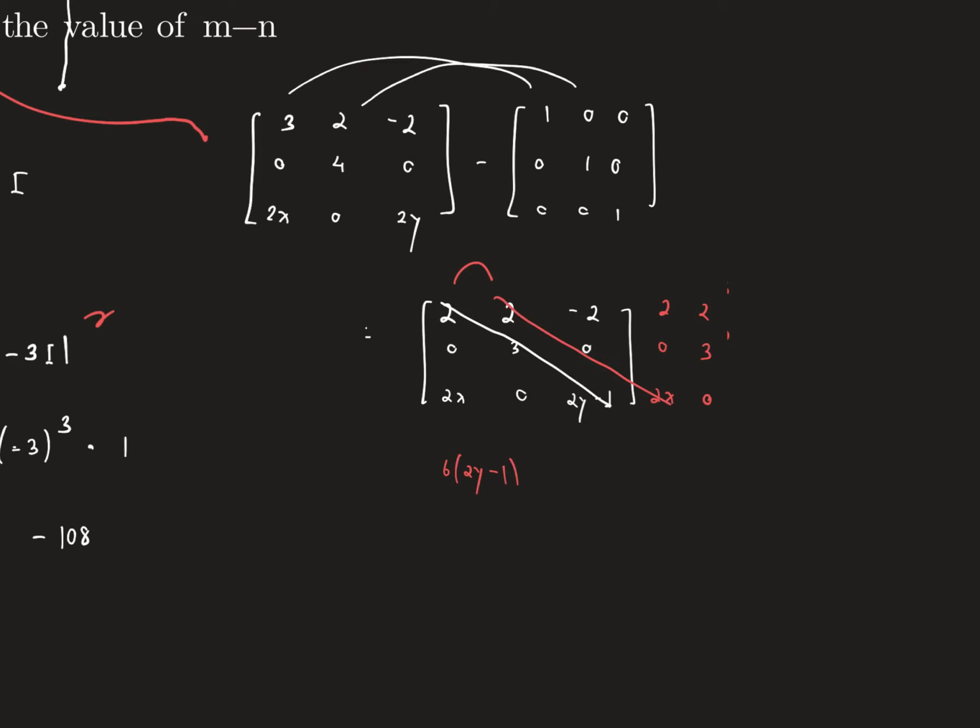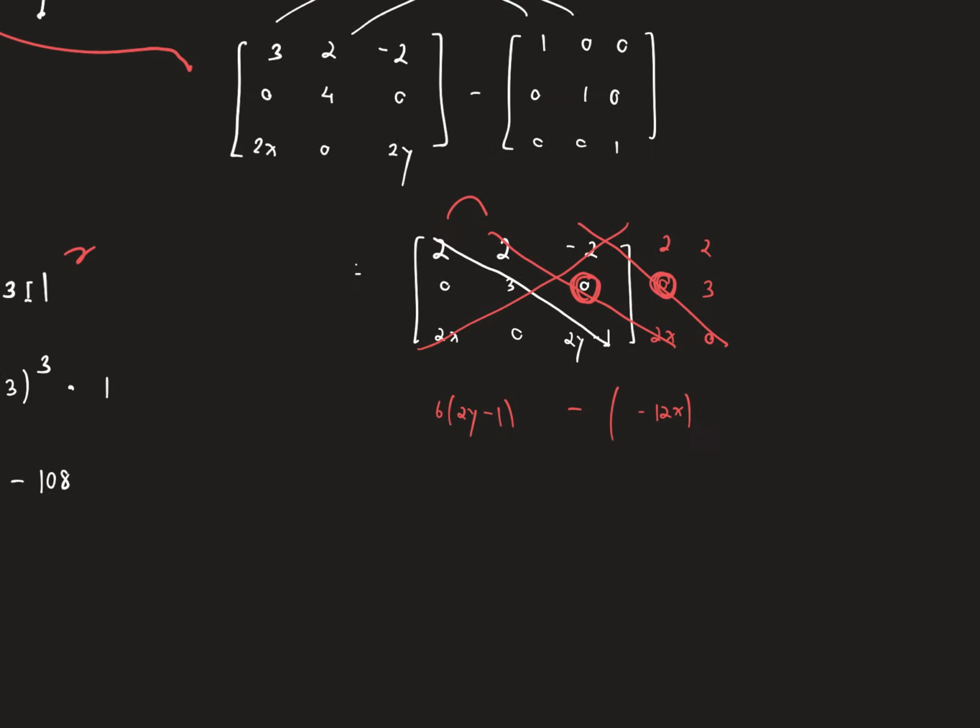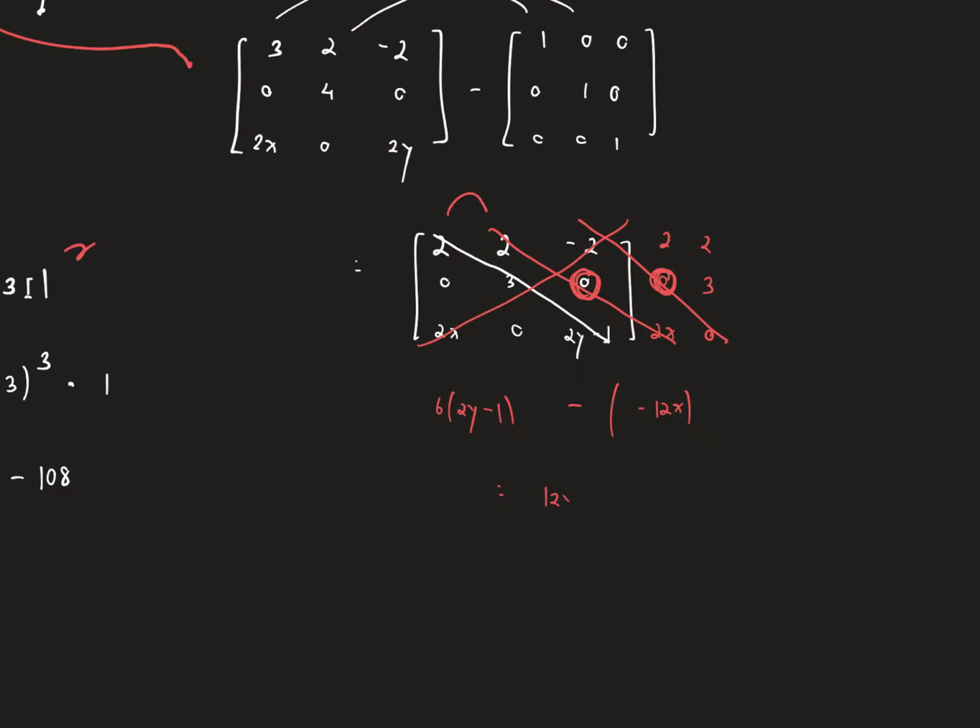And this diagonal, since it consists of 0, the result is 0. Also this diagonal, which consists of 0, so the result is 0. And then you're going to subtract this, which is negative 2 times 3 is 6 times 2x, which is negative 12x. So the result is 12y minus 6 plus 12x.